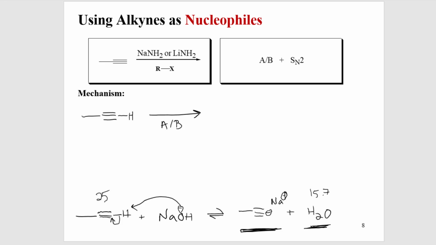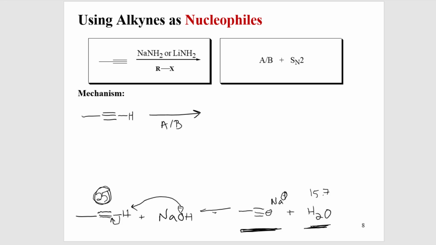Which one is the weaker acid? Well, by about 10 units, the alkyne is the weaker acid. And we know that equilibrium favors the weaker acid. And that's 10 pKa units. That's a lot, right? Remember, it's almost unidirectional in the other direction, which means that this reaction will not happen.